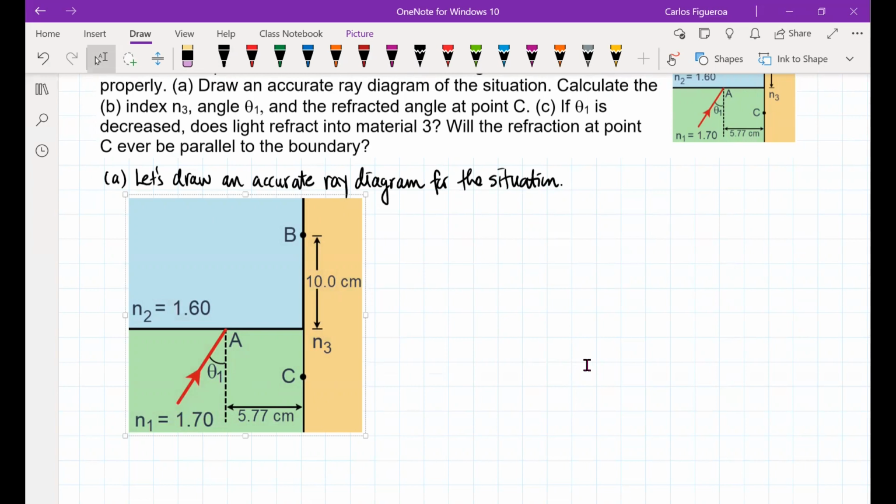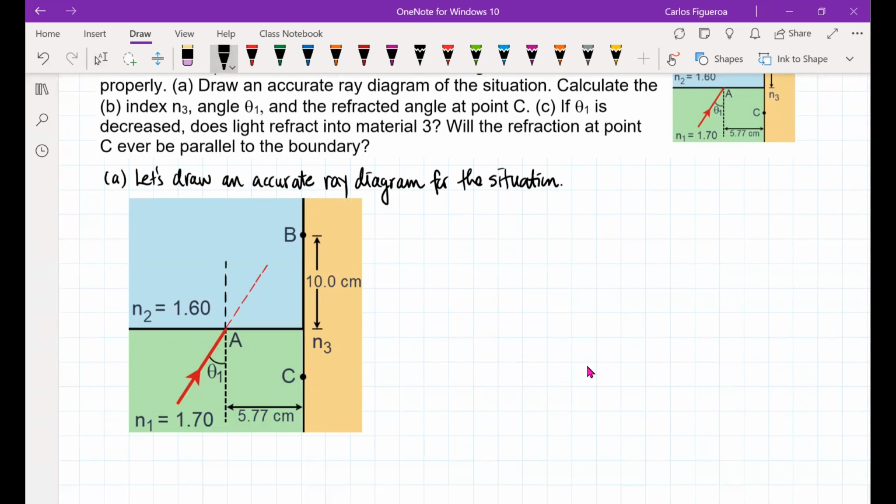Okay, so now let's look at the ray at point A. There's going to be some refraction. And so this here is the ray that is unrefracted. Now, if I look at my normal, I have a normal here.